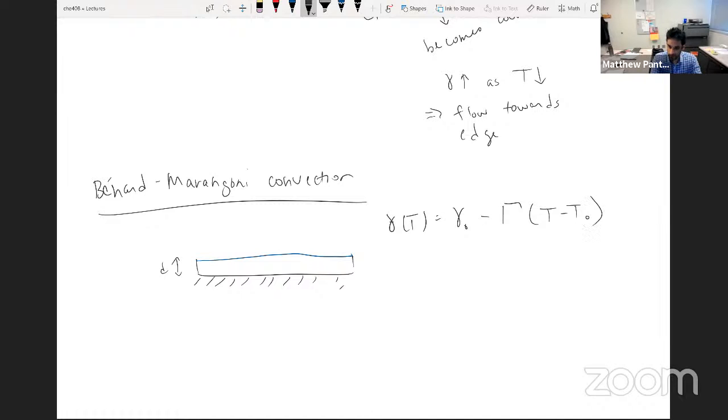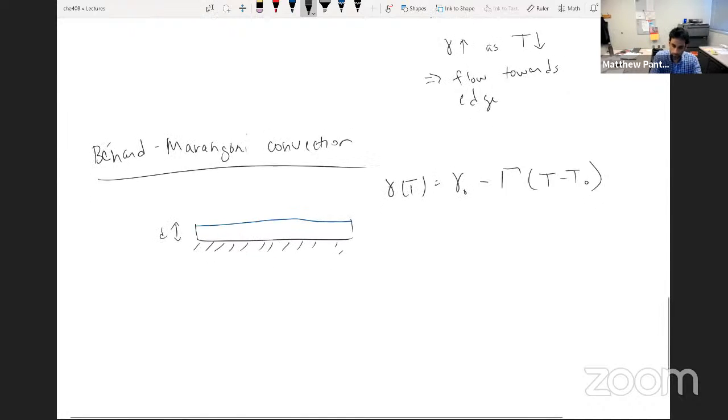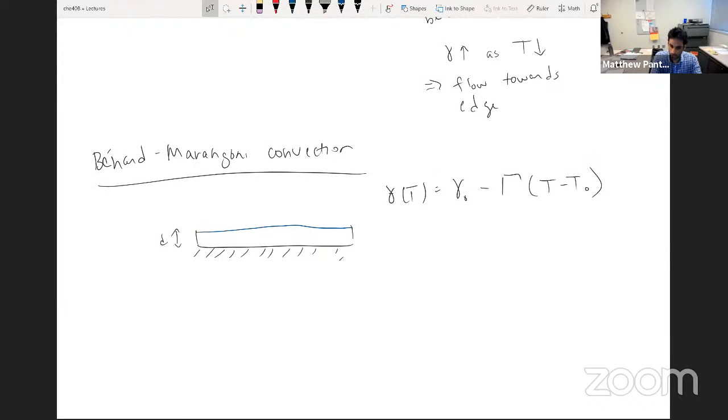This is just a linear model. We're saying that the surface tension will scale linearly with temperature, where maybe our gamma 0 is at 25 degrees Celsius.